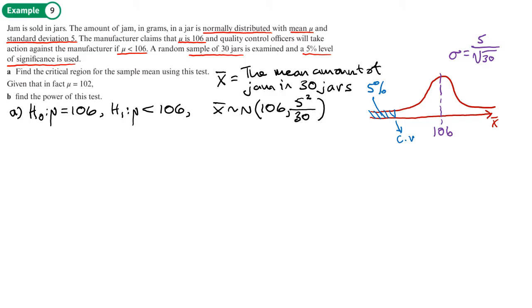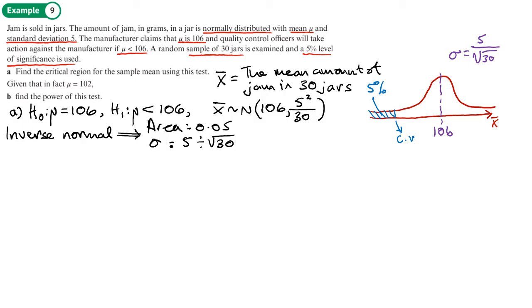So to do that, I'm going to use inverse normal, and with inverse normal we type in the area, and the area is going to be 5%. We type in the standard deviation, which is going to be 5 divided by root 30, which when you type it in becomes 0.9128.